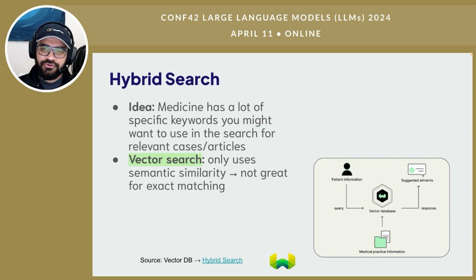In hybrid search, you perform both vector search as well as keyword search, and then you mix the results together so that you get the best of both worlds, and you can re-rank them. And if we're talking about how to implement this in Weaviate, it's literally one line of code that you have to change, and you go from doing pure vector search to a hybrid search of vector and keyword.